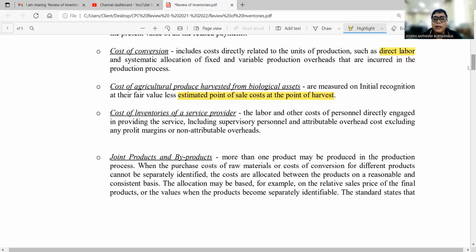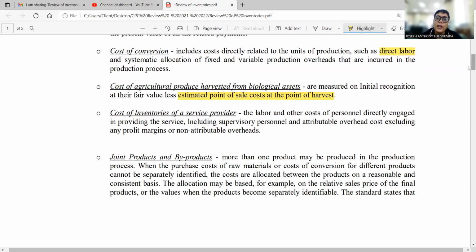For example, crude oil: during the processing of crude oil, gasoline, kerosene, and the like are produced at the same time as the primary product. While a byproduct is the after result of that certain product that you can still use.